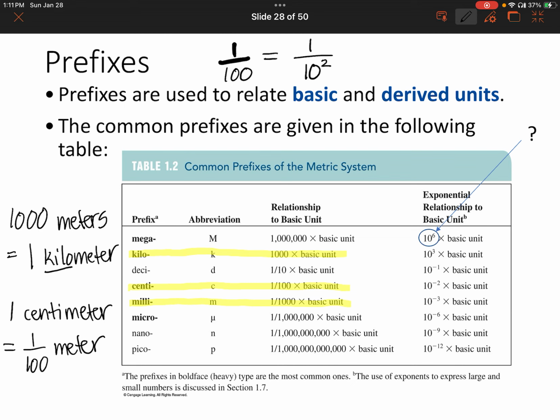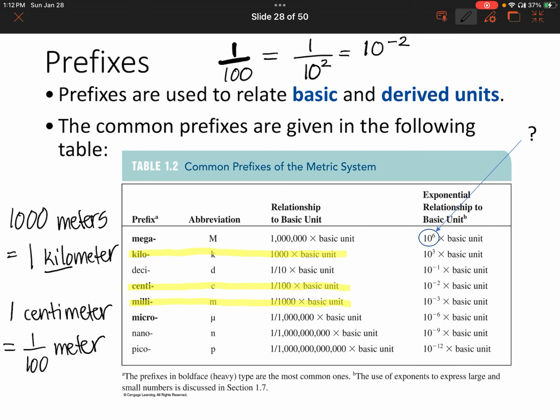But you might remember from your math courses that if something's in the denominator, and we want to bring it up into the numerator on top, we have to change the sign of the exponent. So 10 to the second is in the denominator, but if we want to bring it up, we're going to put a negative in front of the exponent.